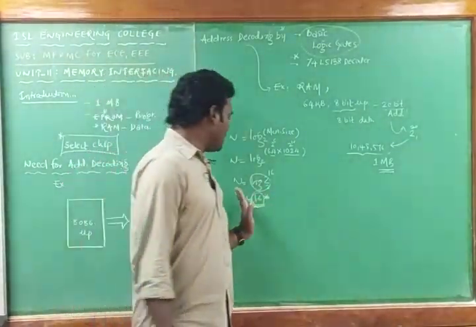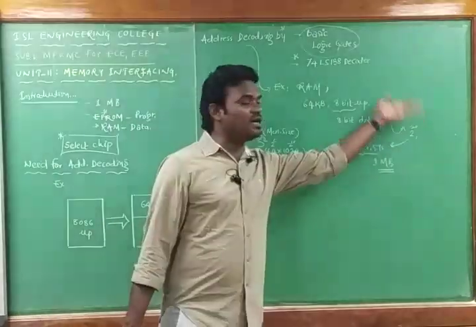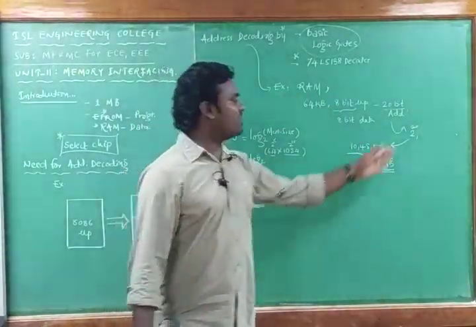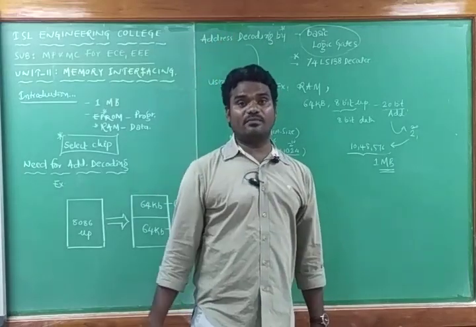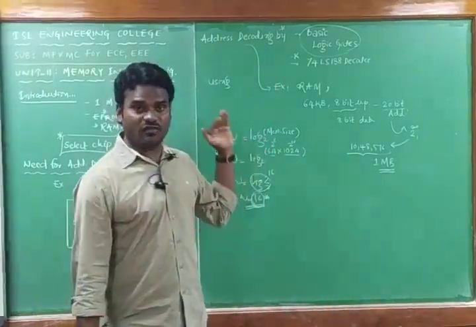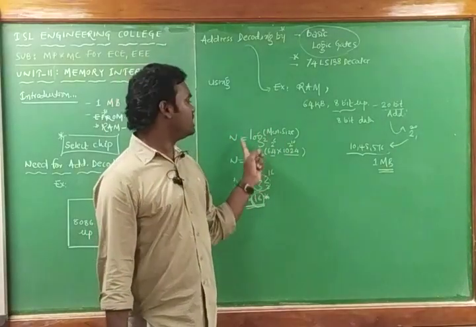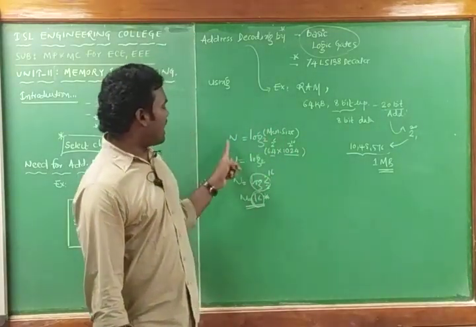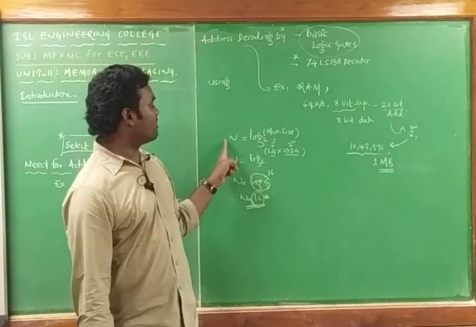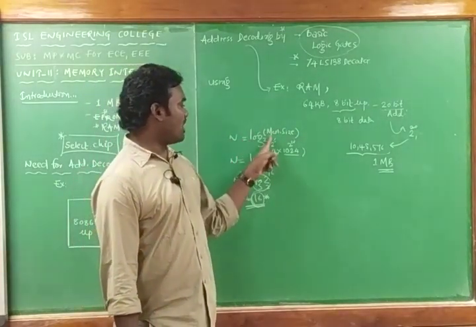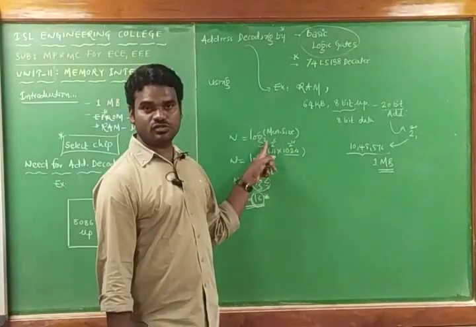We don't need the total 20 address lines. If we have 20 address lines, we can access up to 1 megabyte of memory, but we require to access 64 kilobyte only. The number of address lines required for 64 kilobyte is given by n equals log of memory size to base 2.